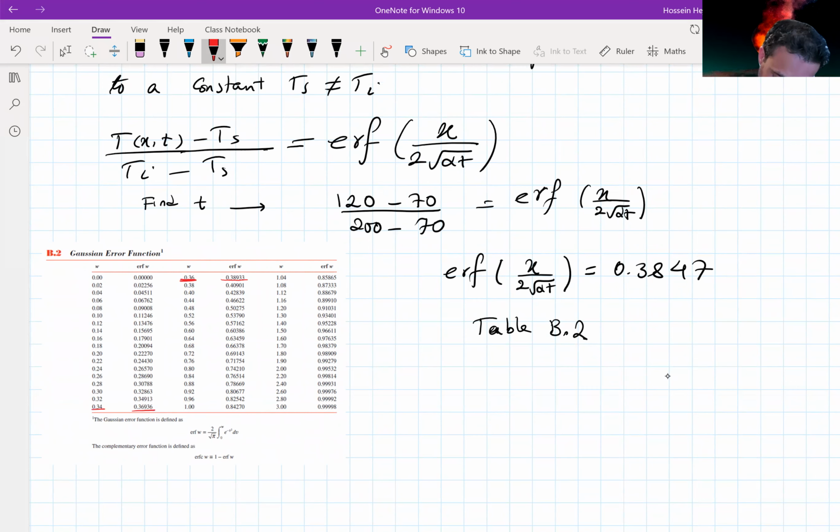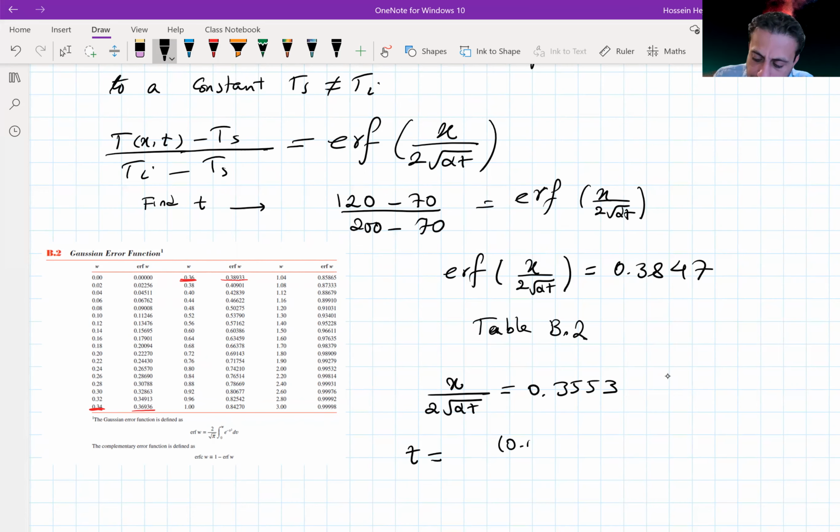The argument is going to be between 0.34 and 0.36. If you do the interpolation, x over 2 square root of alpha t is 0.3553, and knowing x, the location, and alpha, we can find t.